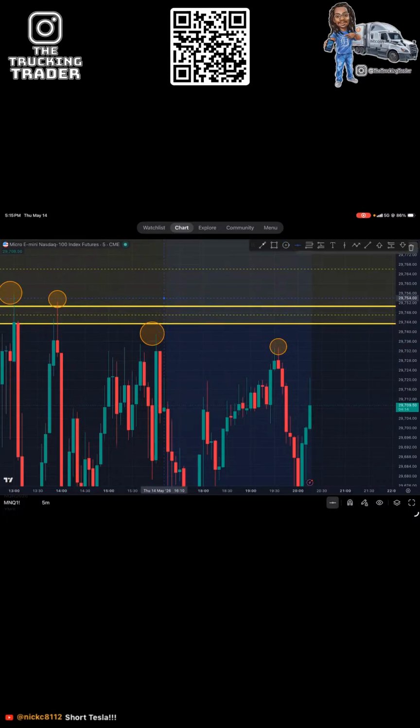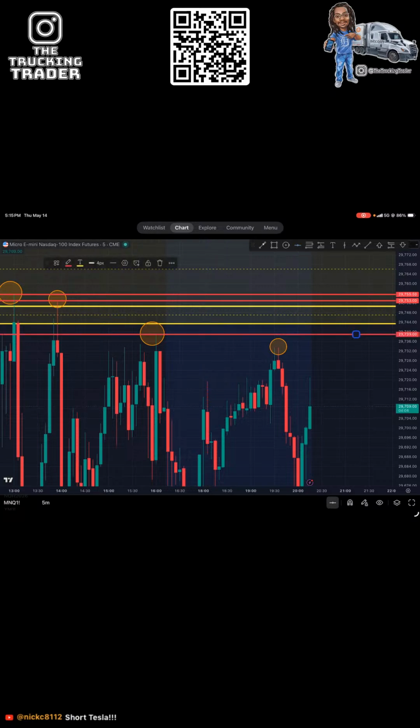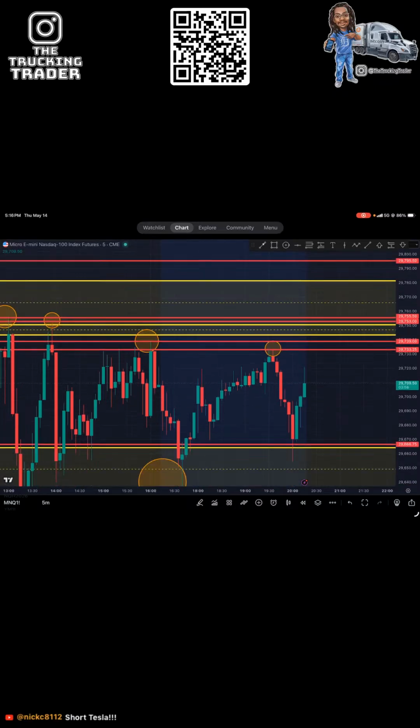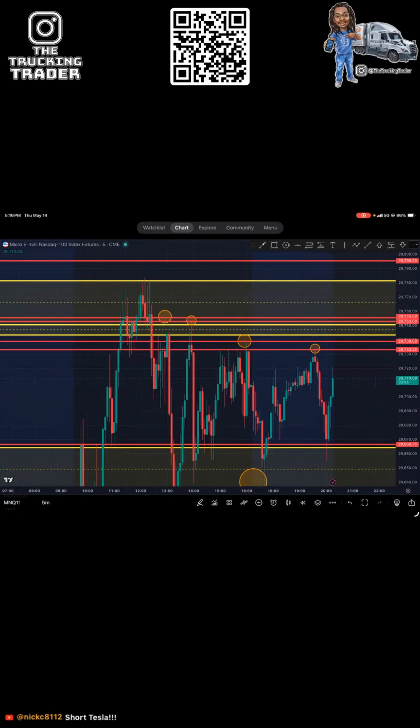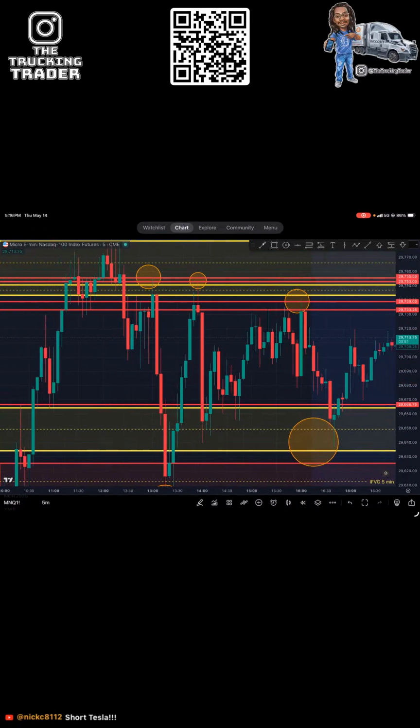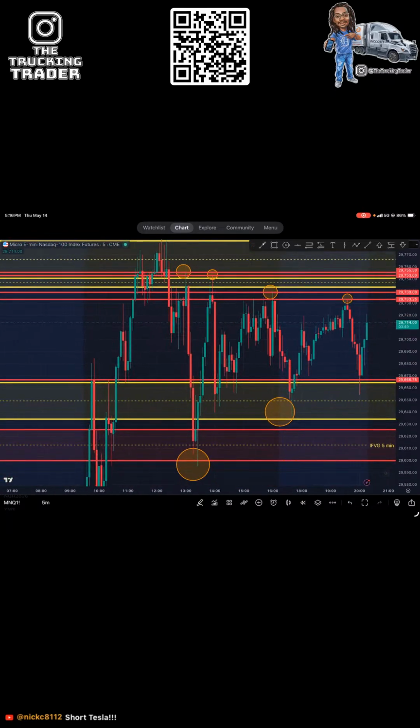And we can also put a little line on there just because it makes it a little bit easier to see. Bam, right? So now we have our levels of liquidity. We have an order block up there on the 15-minute. So we have liquidity to the upside and liquidity to the downside.